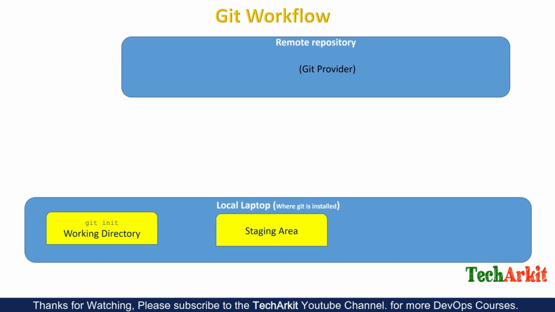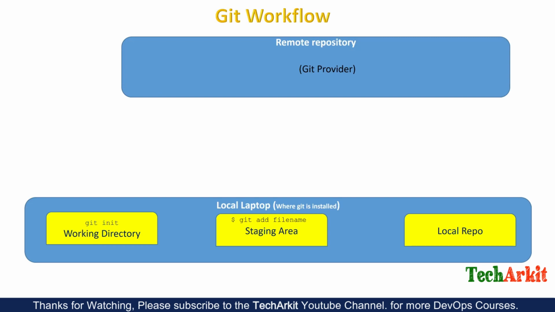Then it has a staging area. Staging area means, for example, you have created the index.html file in the working directory, but you did not add it anywhere, so it is an untracked file. That's how it is initially created in your working directory. But if you want to move it to the staging area, to start tracking it in Git, you do git add and the file name.